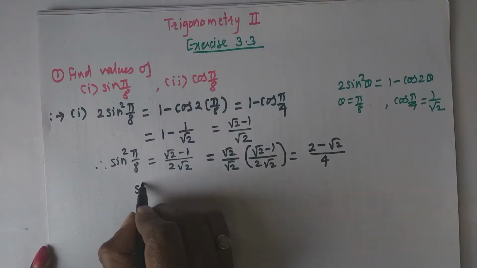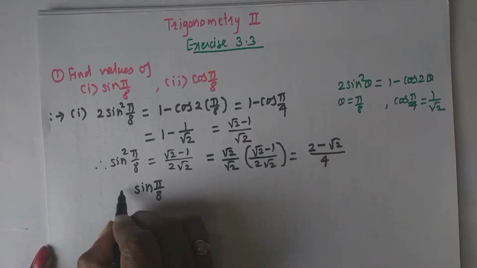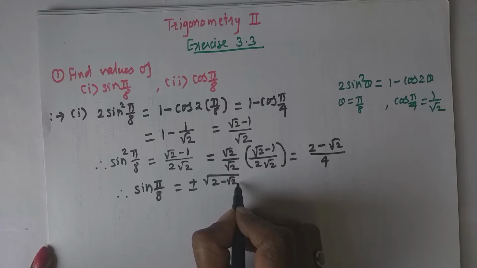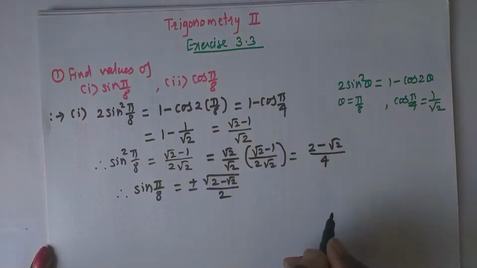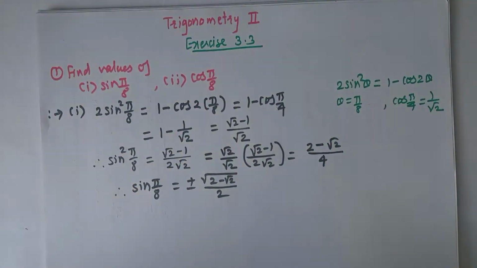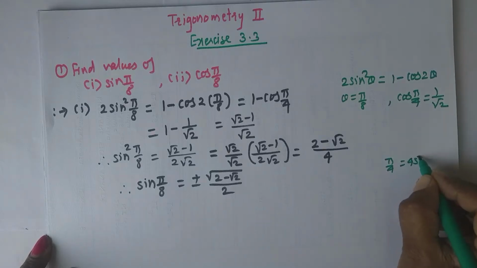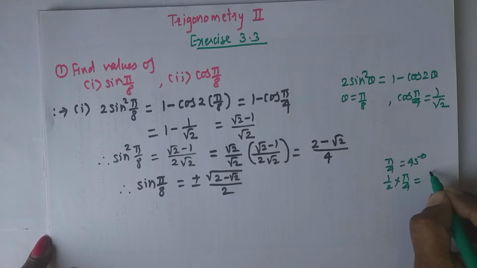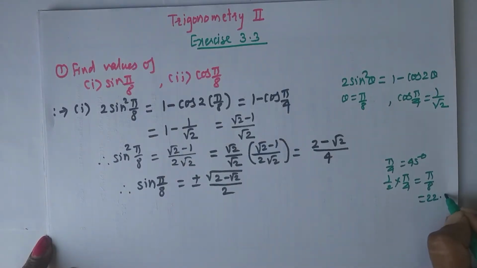Now I will take the square root. Then sin pi by 8 will be plus minus under root 2 minus root 2, and the square root of 4 will be 2. But see, pi by 8 means what? Pi by 4 means 45 degrees, and this is half times pi by 4, so pi by 8 means 22.5 degrees.